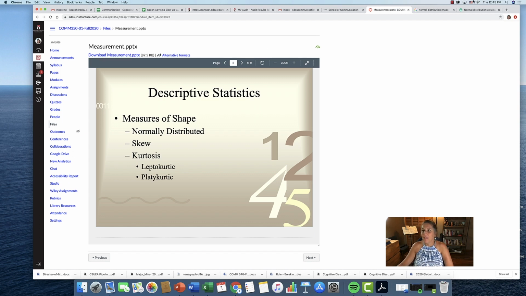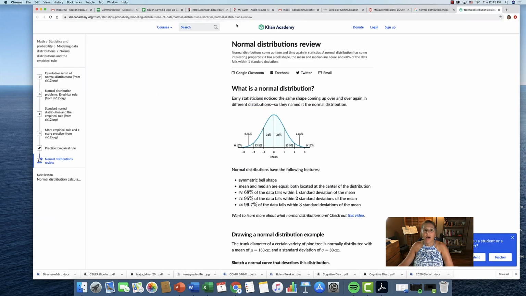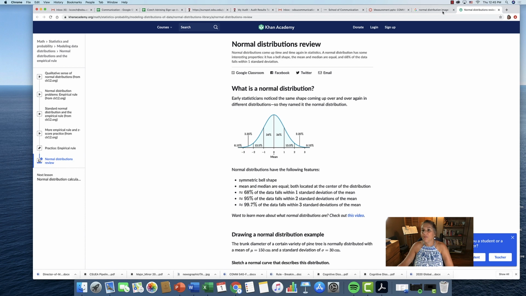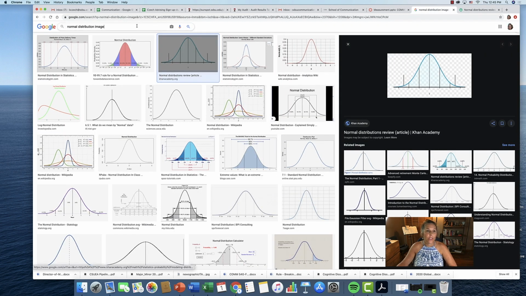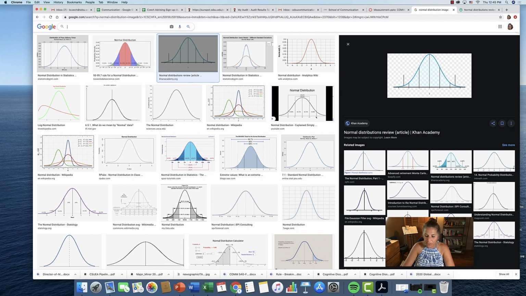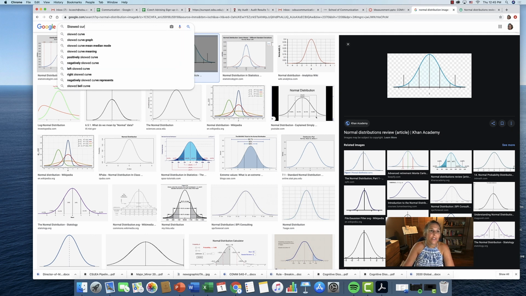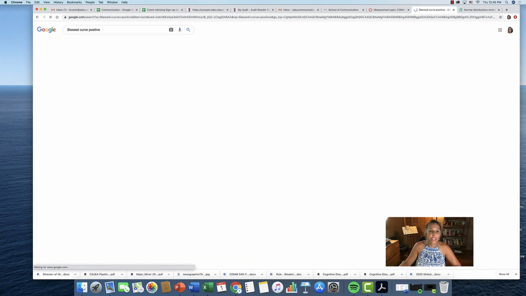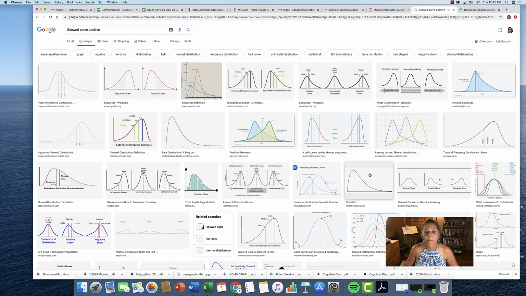And what that means, when we go back to our images here, I can very easily show you what a skewed positive image looks like. And these are also in your textbook. Skewed curve positive. Hopefully it shows me. There you go.